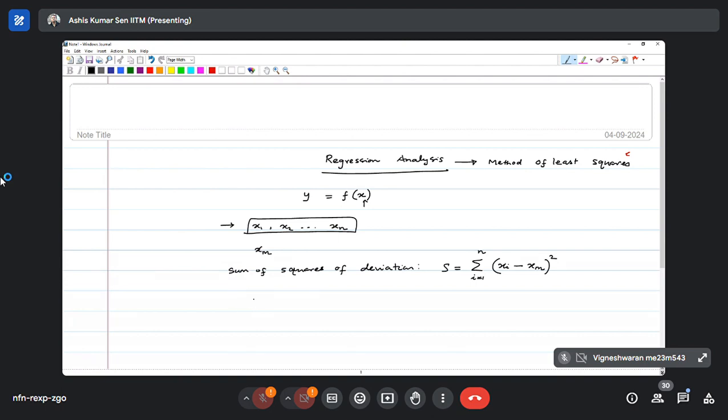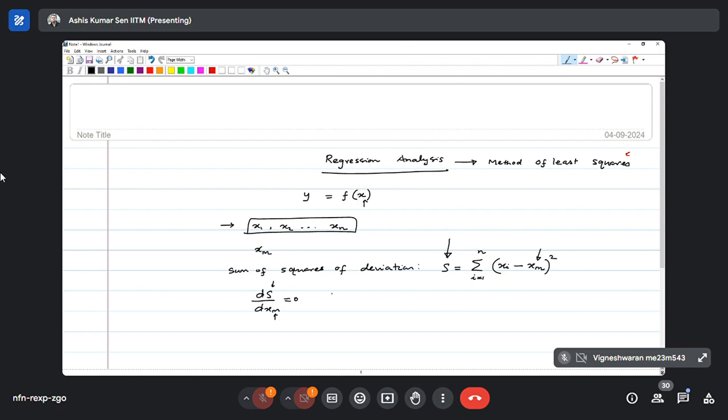Okay. Now, if you minimize this S, the sum of squares of deviation, the minimization will be done with respect to the mean value. So for a minimization of a function, the condition is that dS over dxm is 0, right? This is how we minimize a function with respect to a variable xm mathematically.